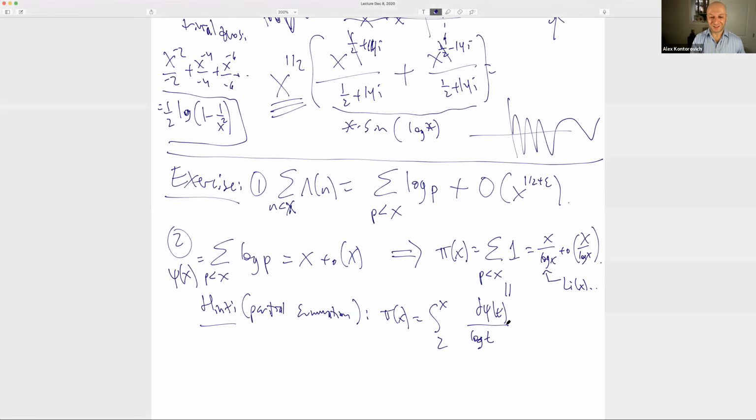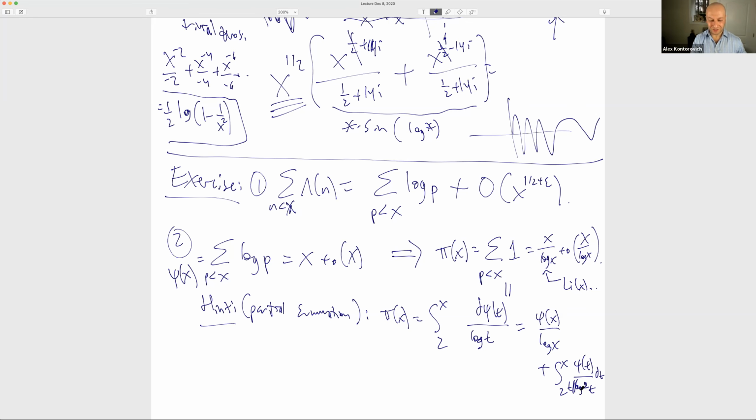So if you're happy with partial summation, the classical way, go ahead and do it. If you're happy with the Stieltjes way, then you just integrate by parts and you get psi of x over log x plus a constant minus an integral from 2 to x of now psi of t, and the derivative of 1 over log is negative 1 over log squared, with a factor of t.